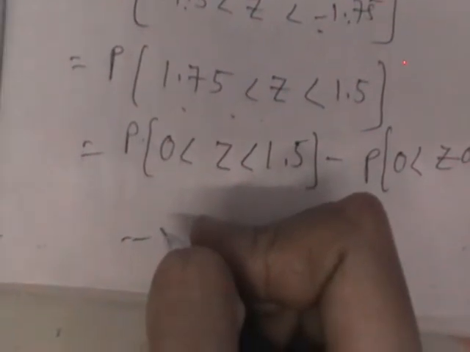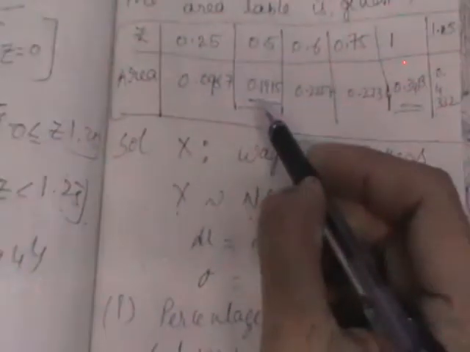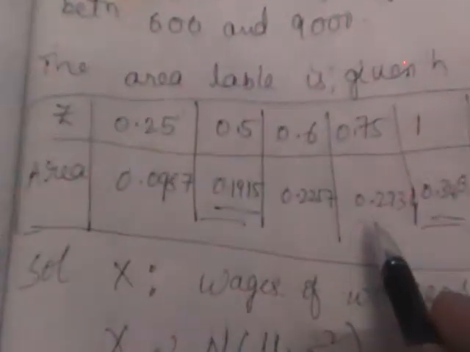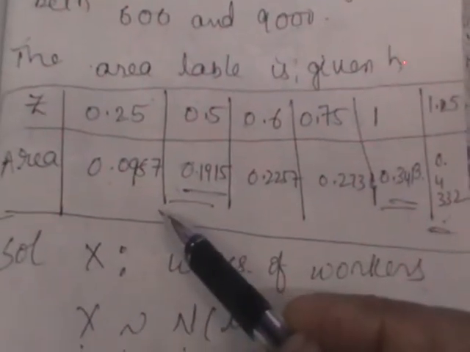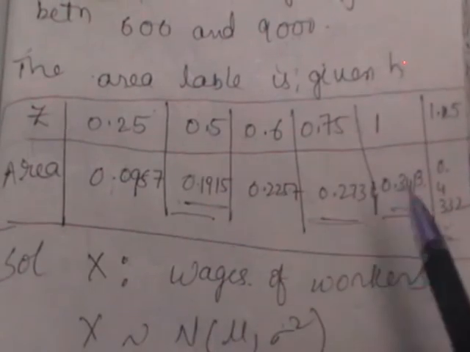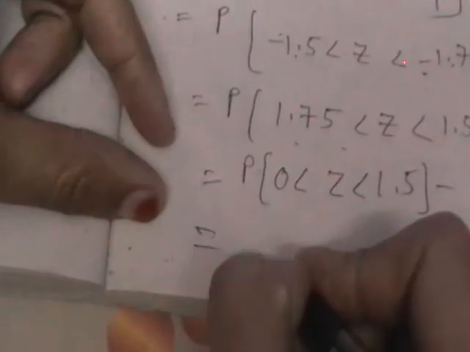To calculate these values, this is nothing but the probability of 0 less than z less than 1.5 minus the probability of 0 less than z less than 0.75. In the given question itself, the areas are given to you. Area between 0 and 1.5 is 0.4332, and 0 to 0.75 is 0.2734.